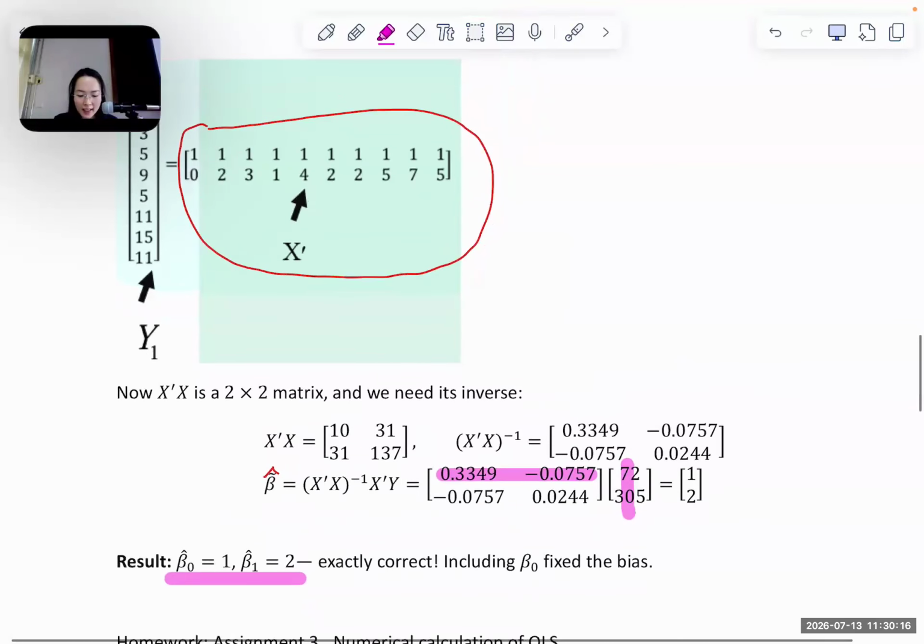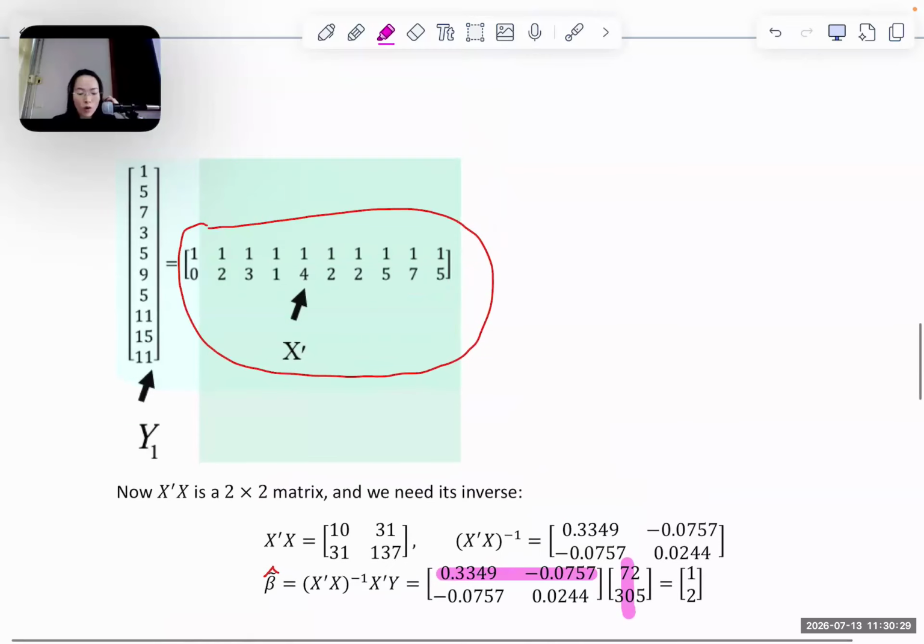So basically here I showed you 3 examples, right? But one formula, beta hat equal x transpose x inverse x transpose y. What changed each time was just what we put inside x. 1 column or 2 columns with 1 column added. Everything else follows automatically.